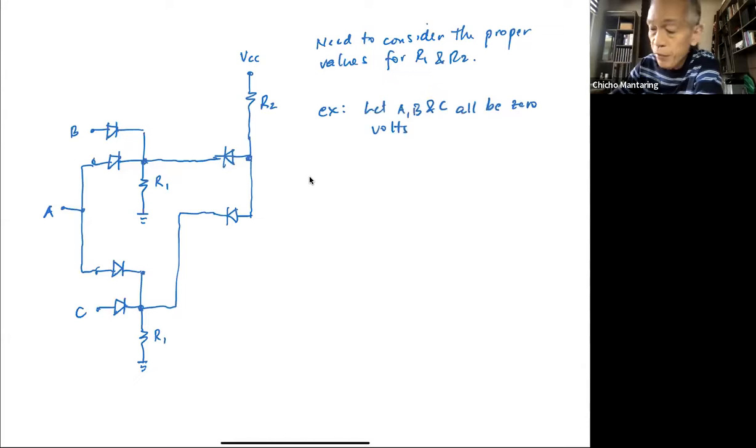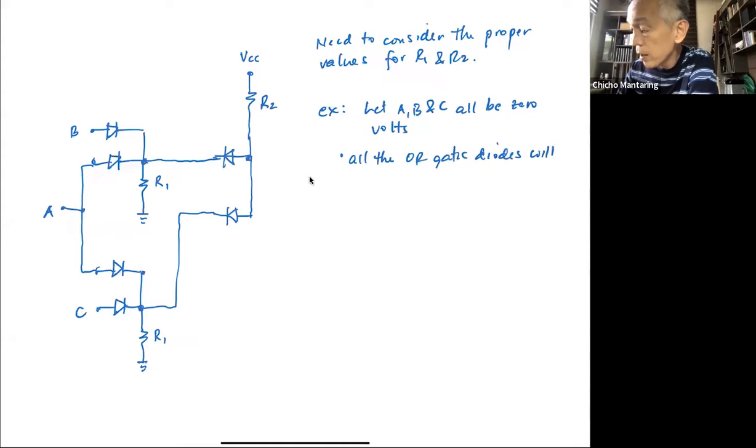If A, B, and C are all 0 volts, in effect, grounded lahat to, then none of these diodes will be conducting. So what's going to happen? All the OR gate diodes will not be conducting. Therefore, this will be equivalent to open circuits.